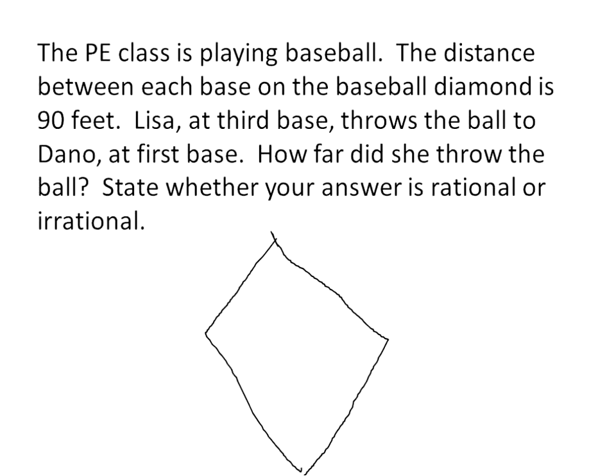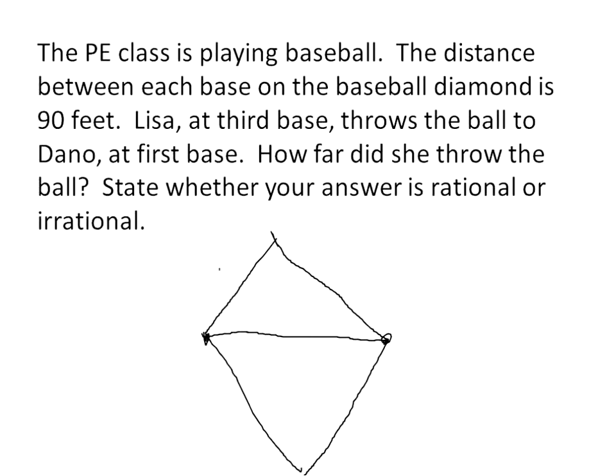I'm not doing a very good job here, but it's a diamond, and each corner is a right angle, right? And so Lisa's at third base over here, and she's throwing to the person at first base. So how far did she throw the ball? And the ball is going to go right here, right? How long is this side over here?